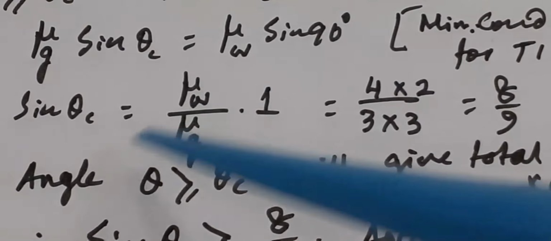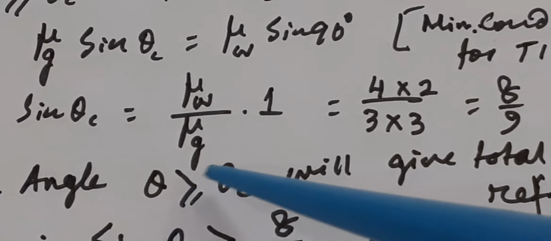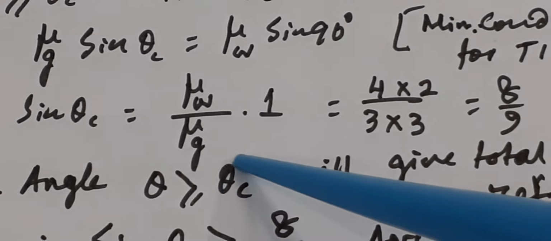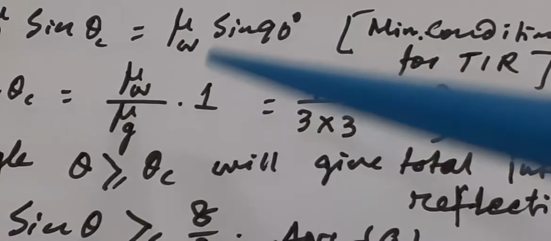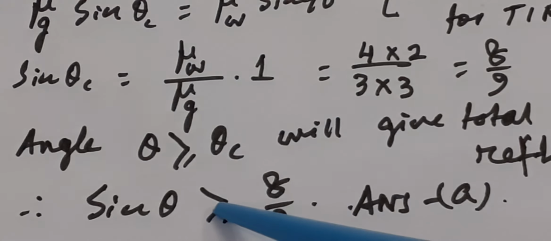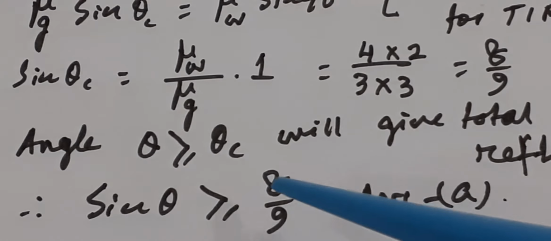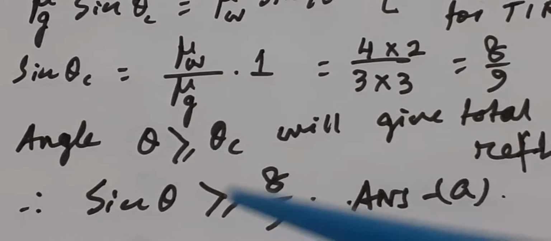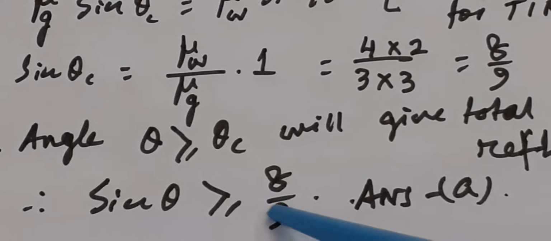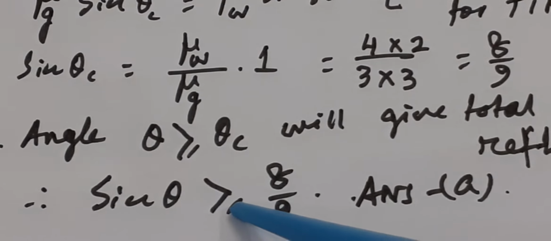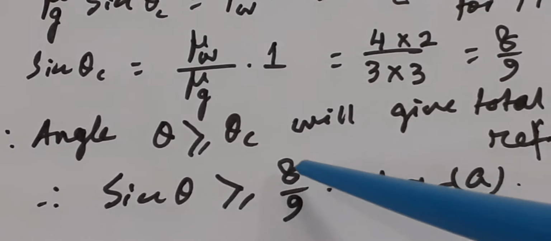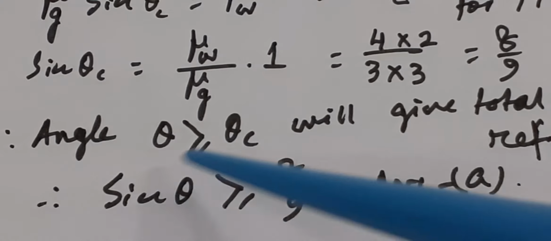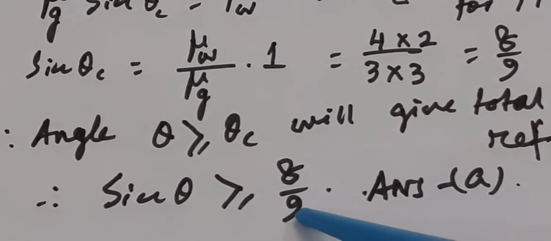That means the angle theta, as we know, has to be greater than theta c to give total internal reflection. So sin theta has to be greater than or equal to 8/9. If it is theta c, it is 8/9; if it is greater than theta c, definitely the greater than applies here. The value of sin theta should be greater than 8/9.